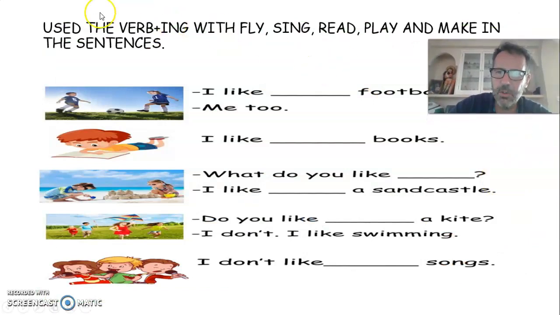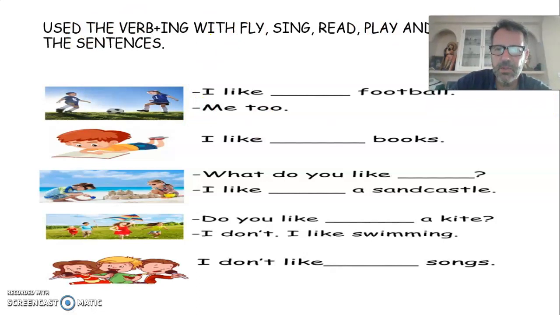Now here, let's read this. Use the verbs plus ing with fly, sing, read, play, and make in the sentences. That means we're going to use make.